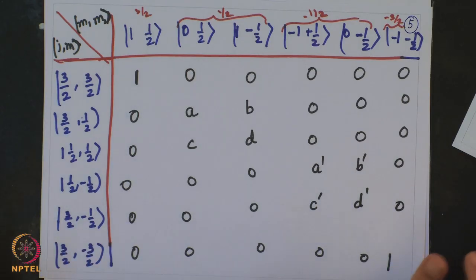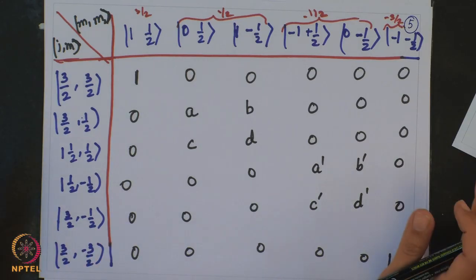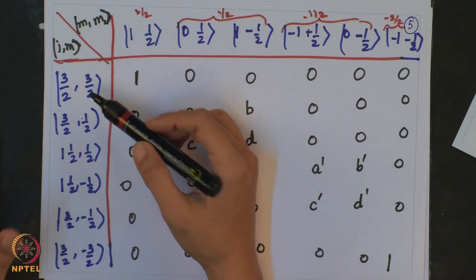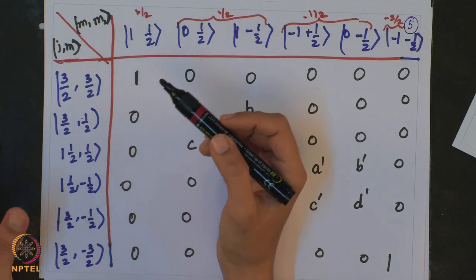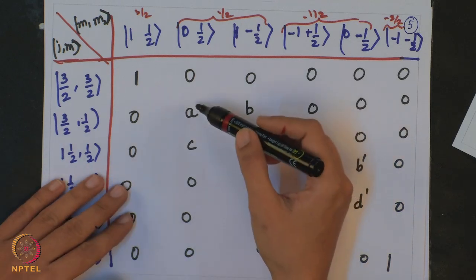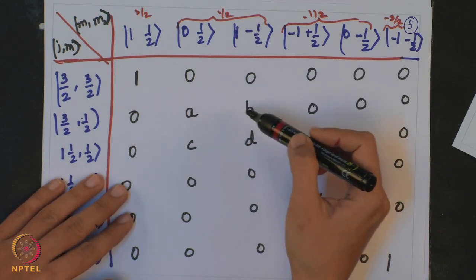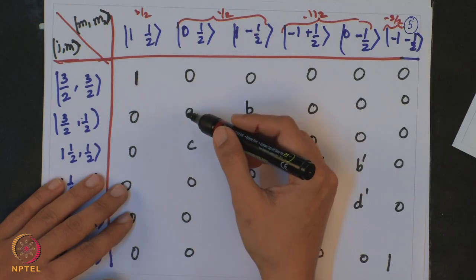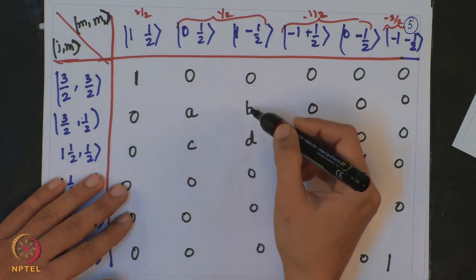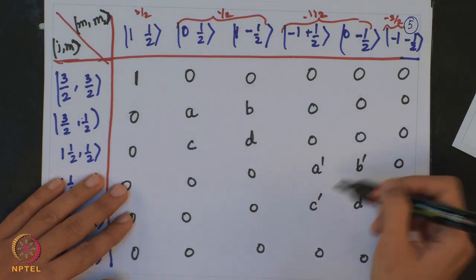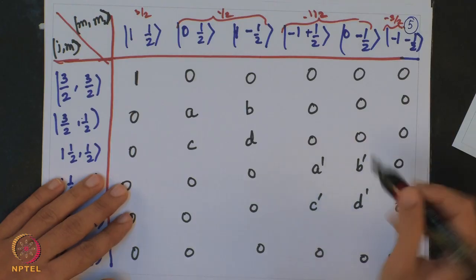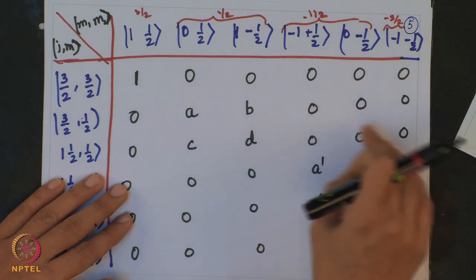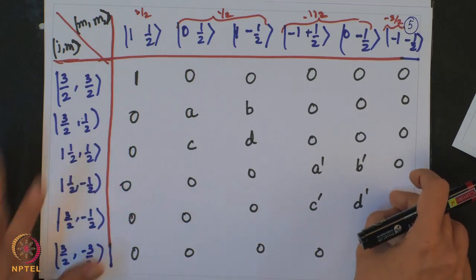So, this is the table we have prepared using the ladder operator and orthonormality condition. You can evaluate these boxes, that is the elements of these matrices, A, B, C, D, A prime, B prime, C prime and D prime. You have seen it for 1/2 cross 1/2, and the same way we are going to fill this table.